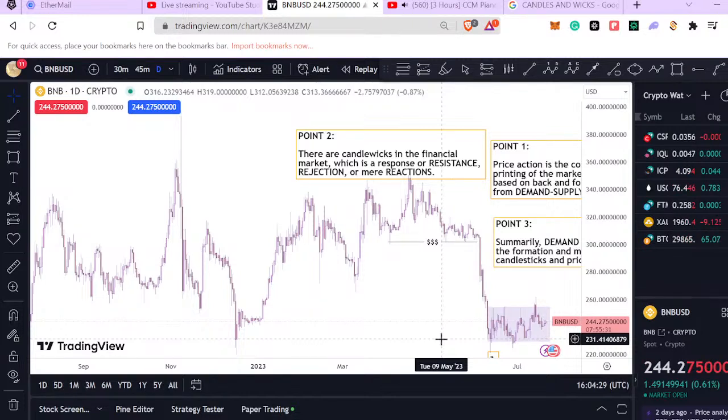So I want to say this. The market must take important predictions from its previous price movement, either the previous movement in the day or in the hours before.